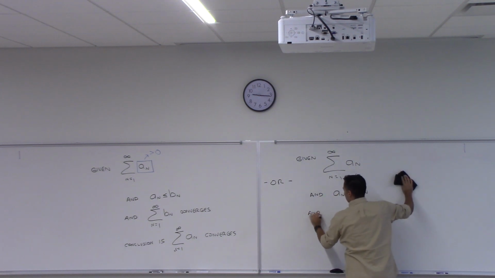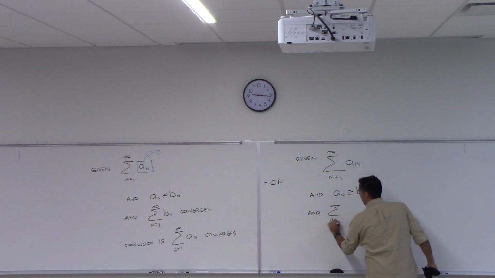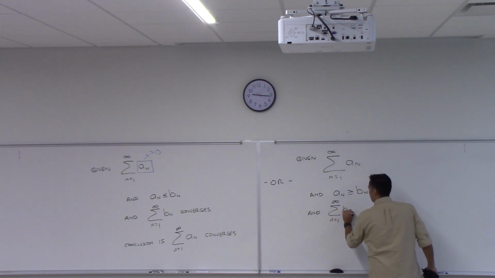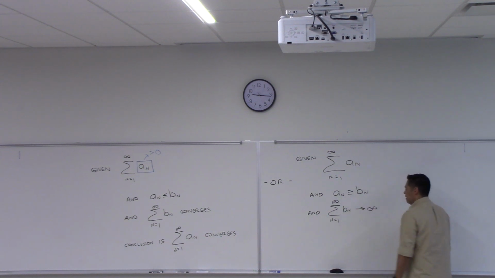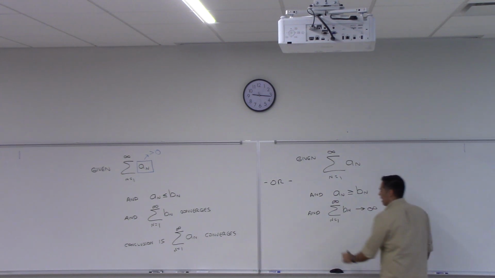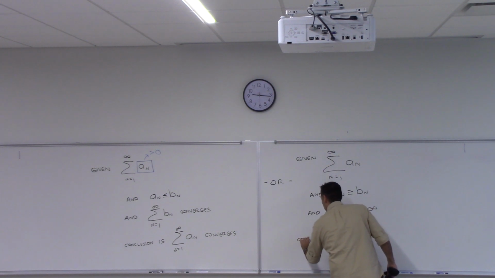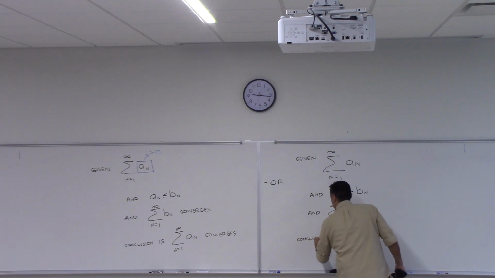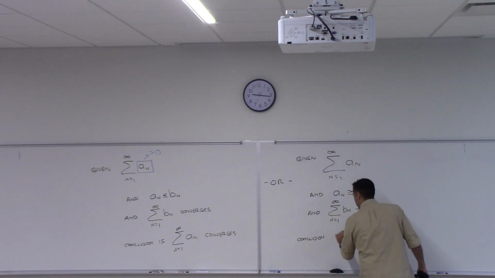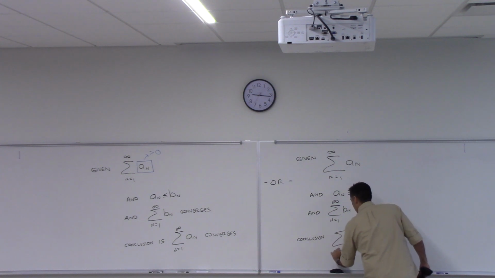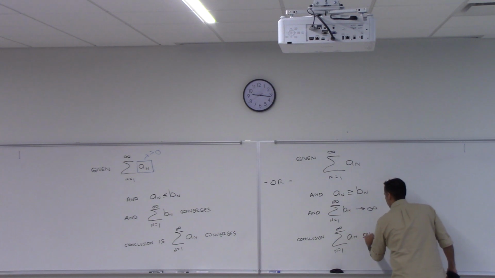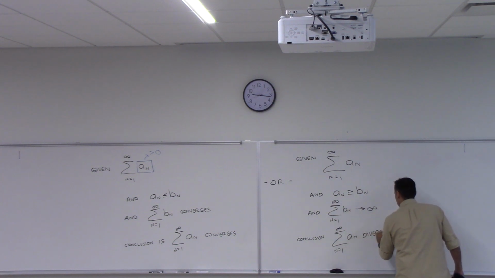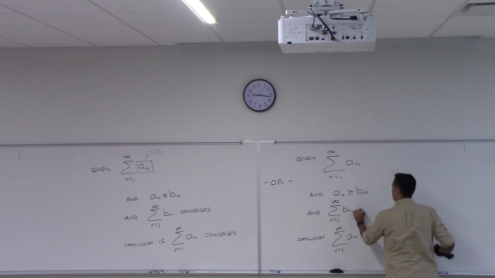And the series with the b sub n's diverges. I'm just going to put an arrow going to infinity. If that goes to infinity, then our conclusion is what? Ours does as well. Yeah, I should put diverges. It's more technically correct.